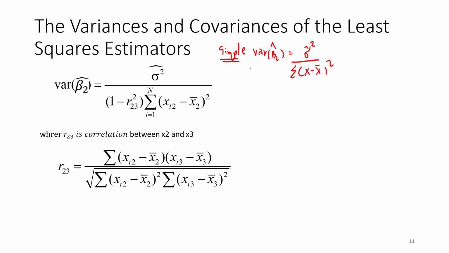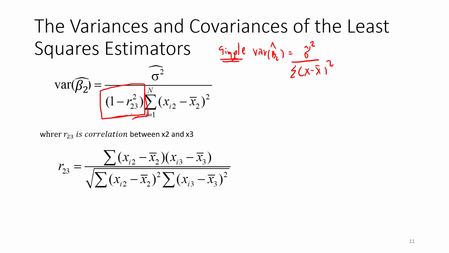In the case of multiple linear regression, we have 1 minus the correlation squared. This one is what is different from the simple case.